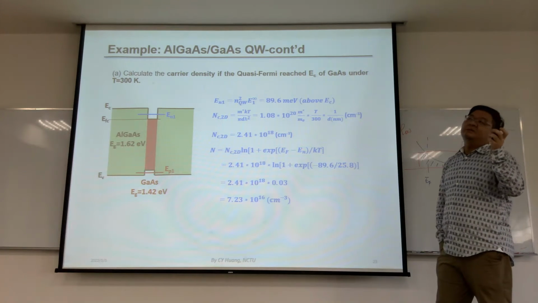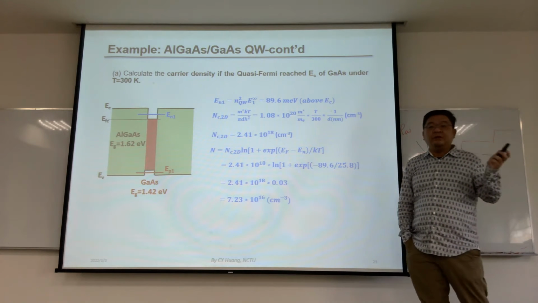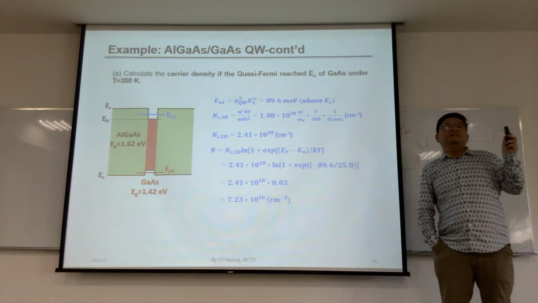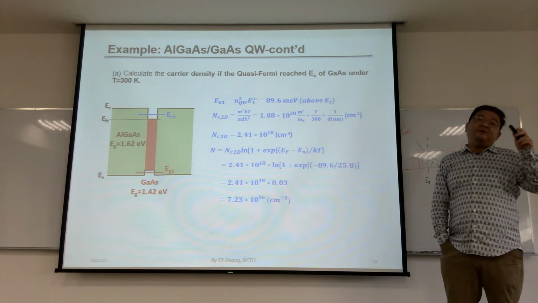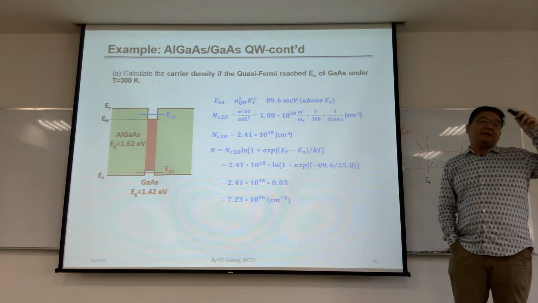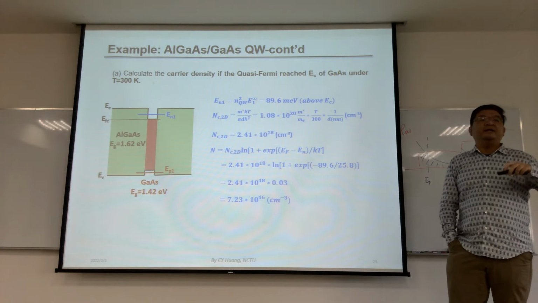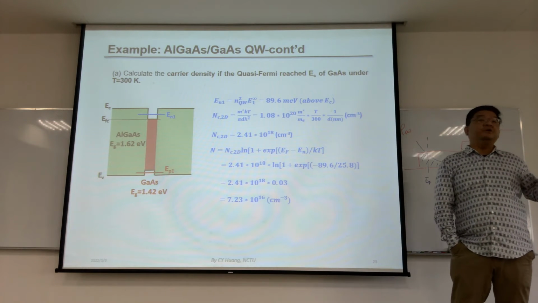So the quality of the effective mass is not only relevant to the speed of the electrical conduction, it is also relevant to the optical gain, or the maximum optical gain, or the required excitation level to achieve the population inversion.